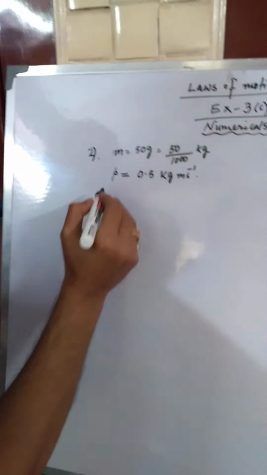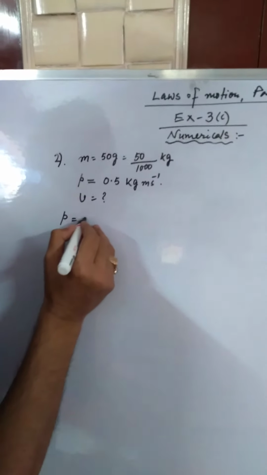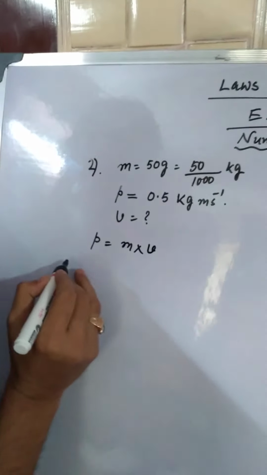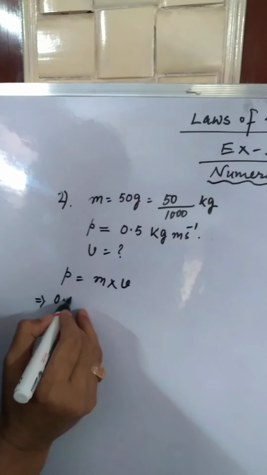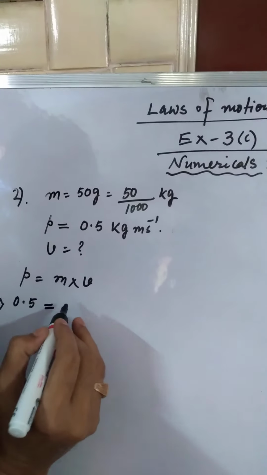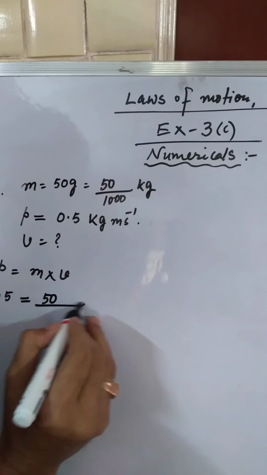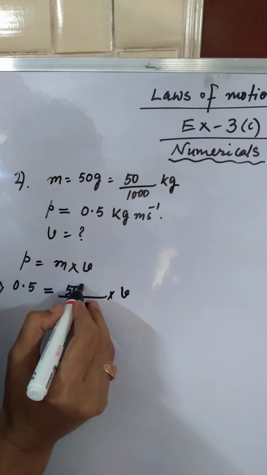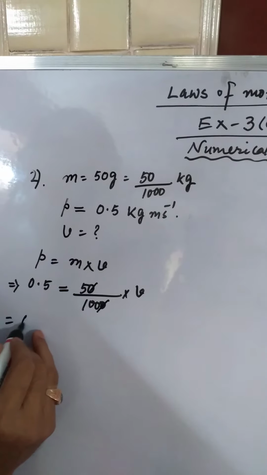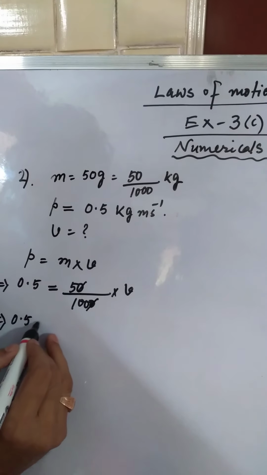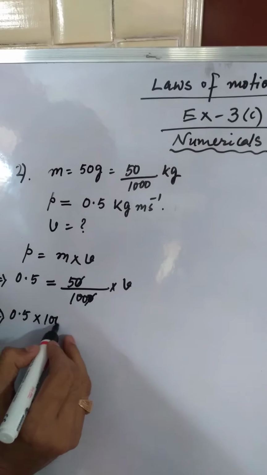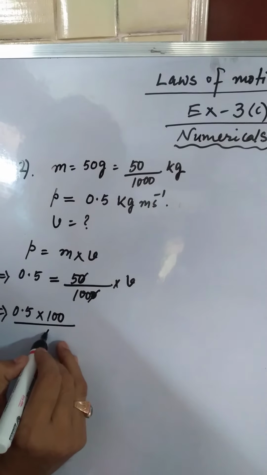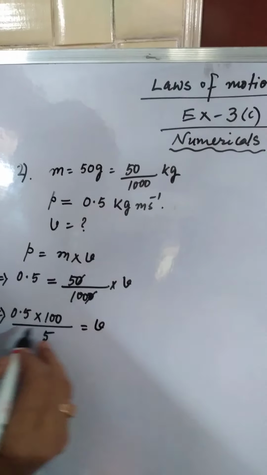Now you have to find out the velocity of the ball. So you know the formula, p is equal to m into v. So put the value, 0.5 is equal to 50 by 1000 into v. So 0.5 into 1000 by 50 is equal to v.